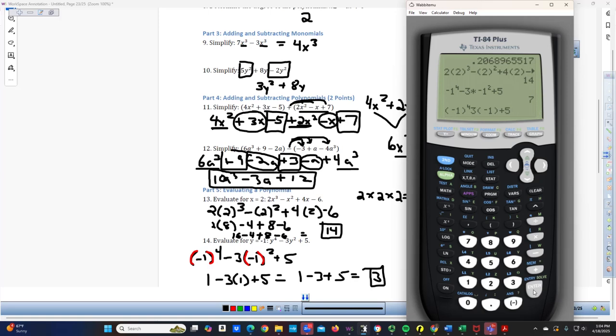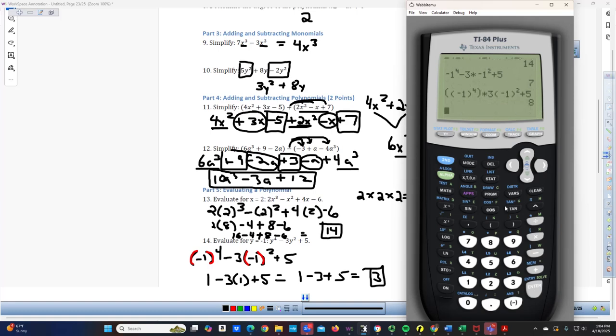Okay, and I mean, of course you should be, oh, I forgot to square this. Of course you should be first trying this by pen and paper before immediately just using the calculator to evaluate these.